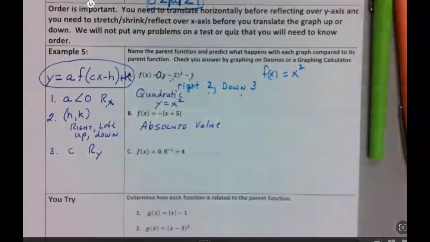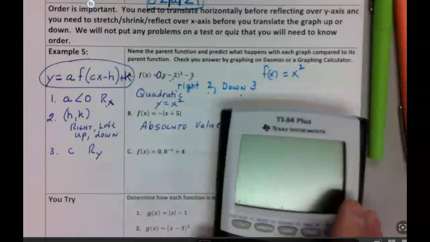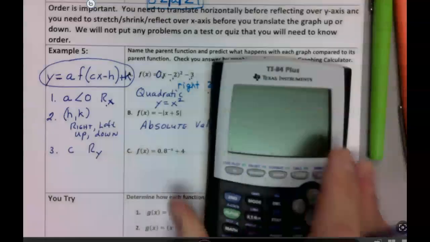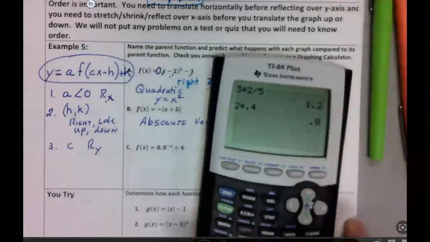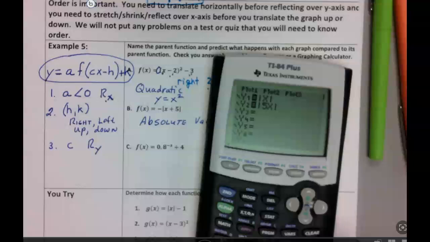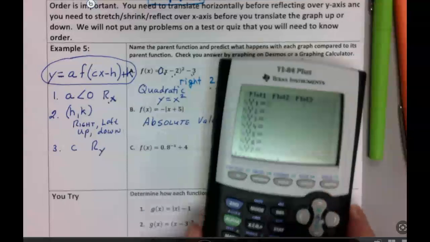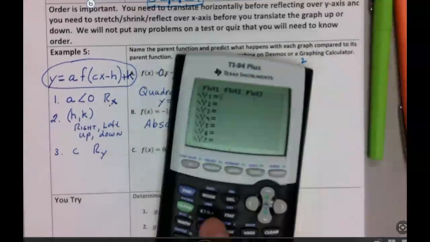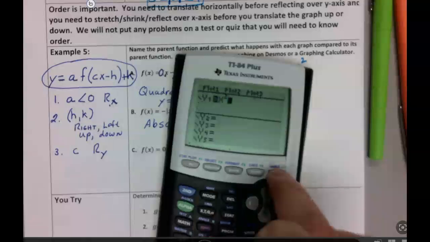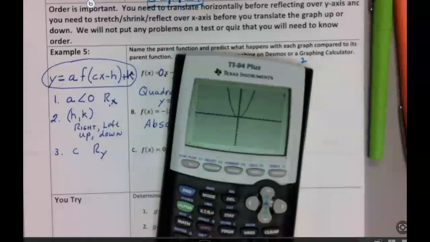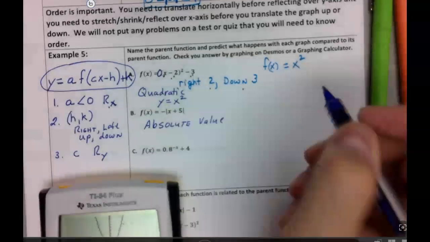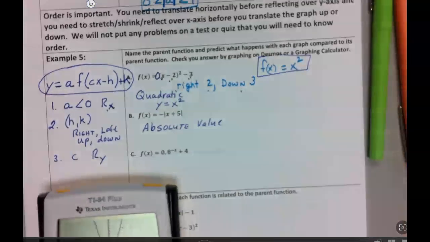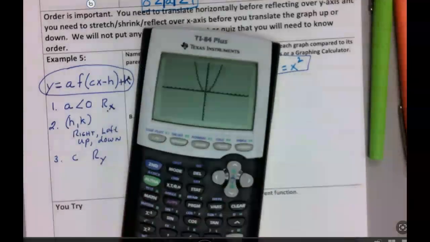So if you wanted to, you can get your calculators out and we can go to this first one, okay? And clear this out, correct? Put your parent function into the quadratic, right? There's your quadratic function right there. There's your parent function, agreed? Y equals x squared is here, agreed? Now let's put the other one in, okay?